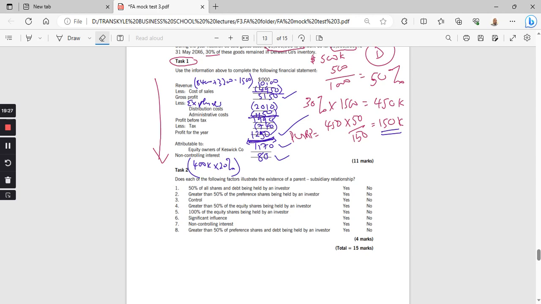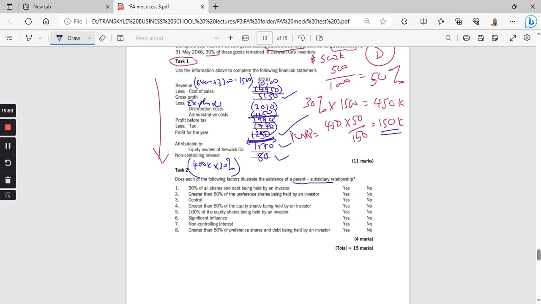The examiner is testing your understanding of the consolidation theory. All right, so number 1, 50% of all shares and debt being held by an investor.